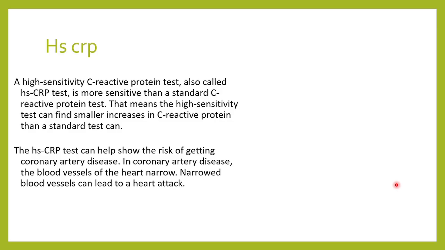It is very sensitive: even very small quantities can be detected, and this sensitivity at very low levels makes it an important marker for investigation in cardiac diseases, usually to monitor heart disease.